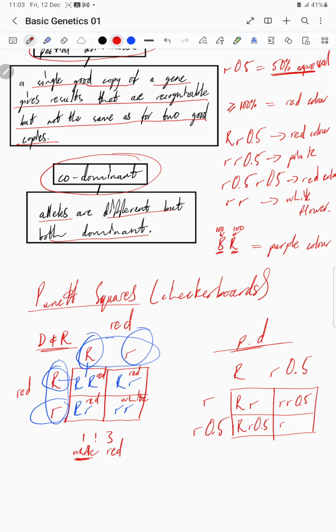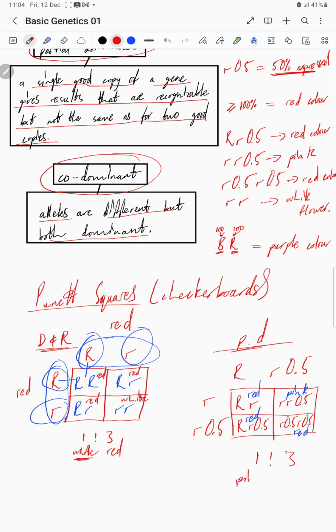and partial and partial. So you realize that we have here a red flower, here we have a pink flower, here we have a red flower, here we have a red flower. So you realize that we also have a ratio of 1:3.